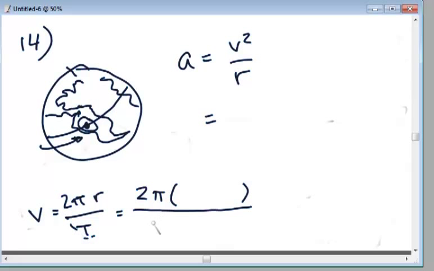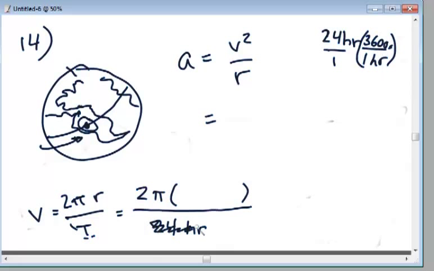The time to spin around the Earth is 24 hours, one rotation, but we can't use it as hours. We have to do a little work off to the side and change 24 hours into seconds, and we know that 1 hour is equal to 3,600 seconds.